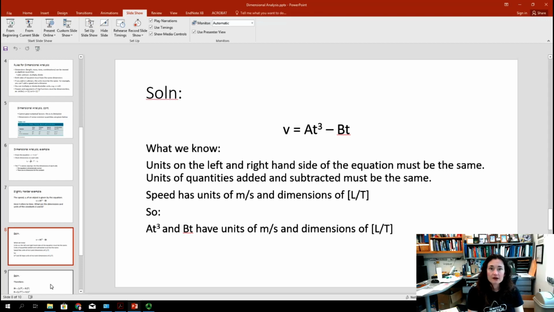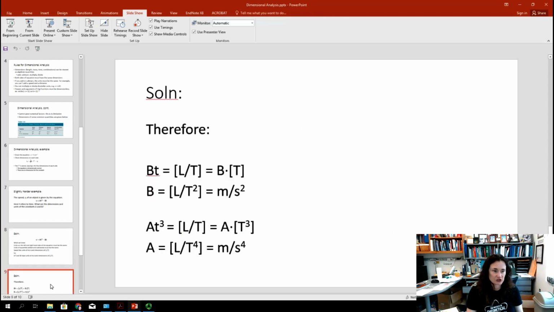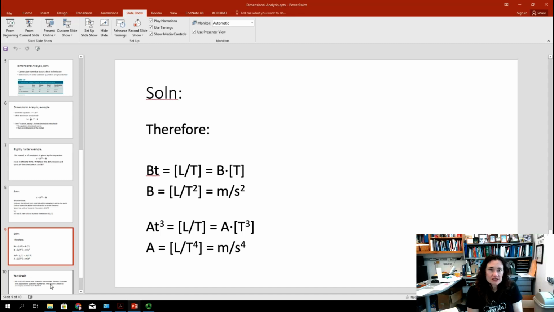Alright, so knowing that, we can move forward treating these quantities like algebraic bits to do our dimensional analysis. So since they all have to be the same, we can take each one in turn. We know that bt has to have dimensions of length per time, okay? So t, lowercase t, has dimensions of time. So that means that b times time equals length per time. So what do we do when we want to solve an algebra equation for b?